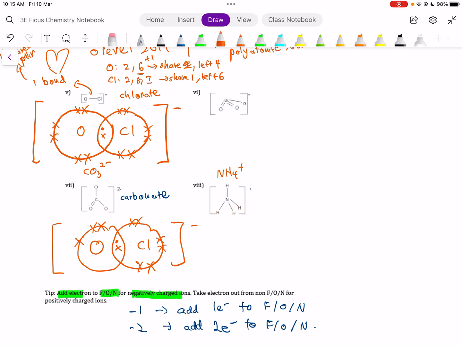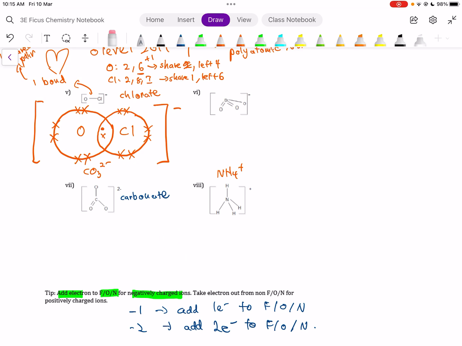But for the oxygen, they shared 1 and left 5, which is wrong, because you have 1, 2, 3, 4, 5, 6, 7 electrons around the oxygen. So take some time to digest this particular example.